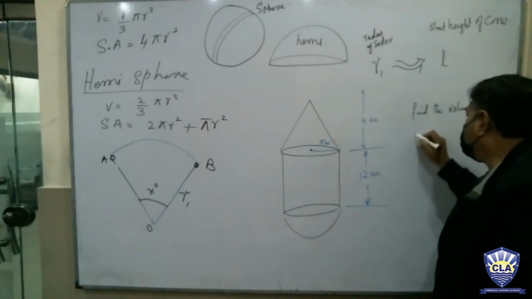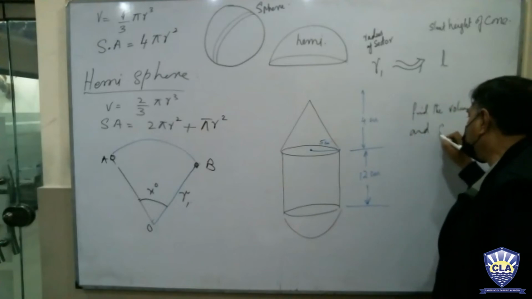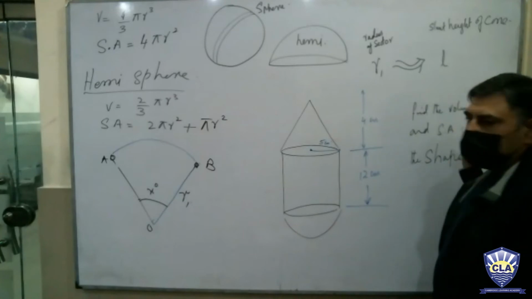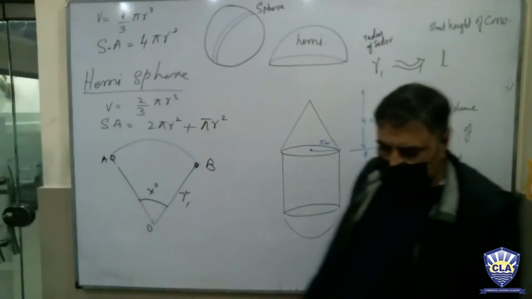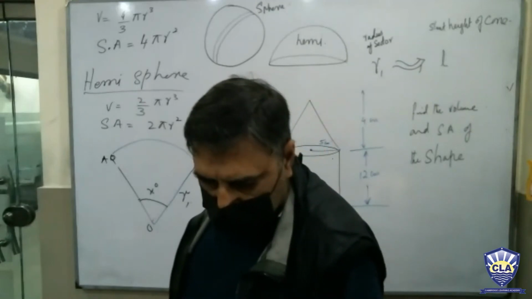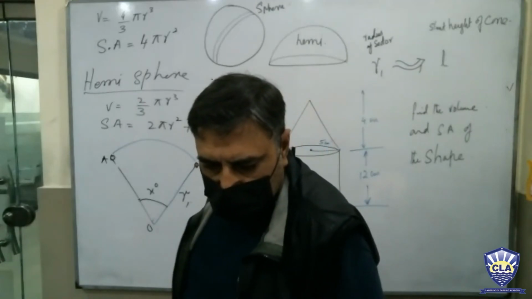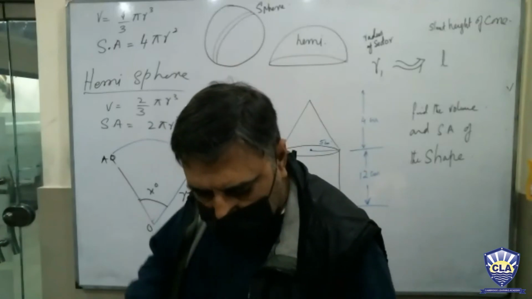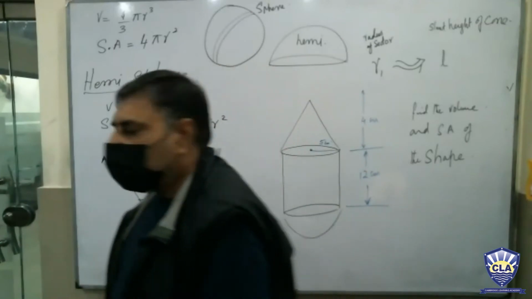Find the volume and surface area of the shape. Volume and surface area. Let's find this and see.